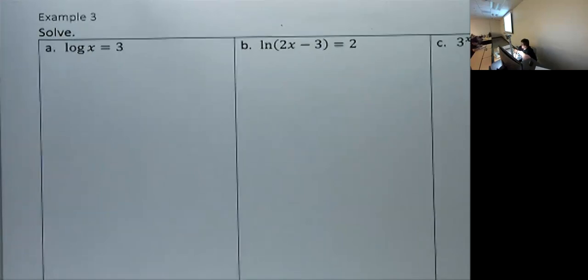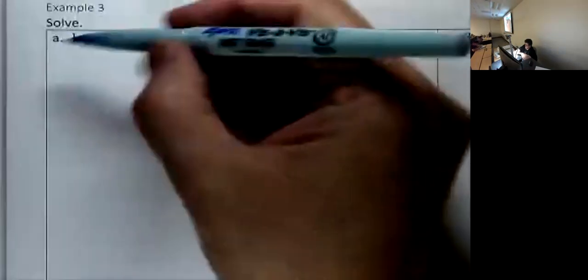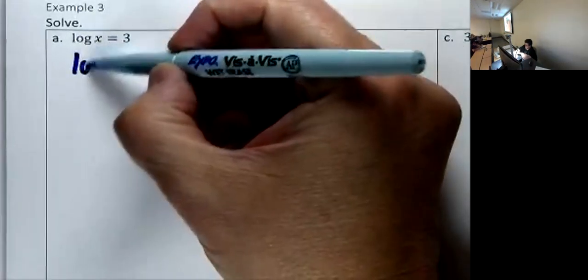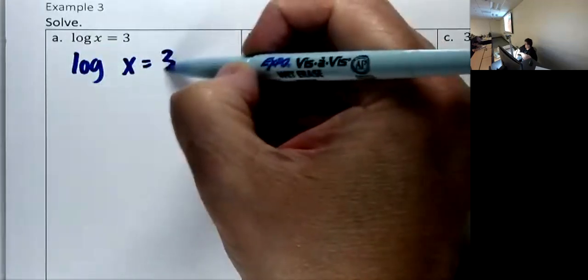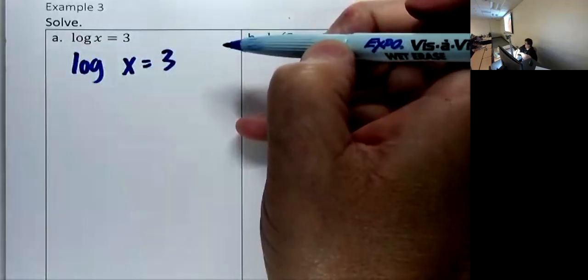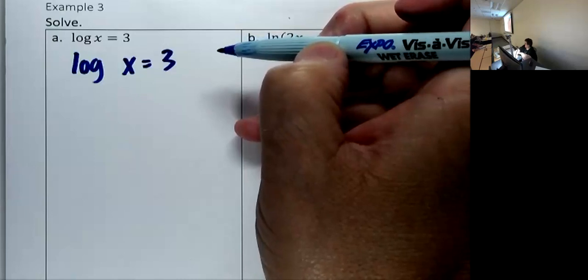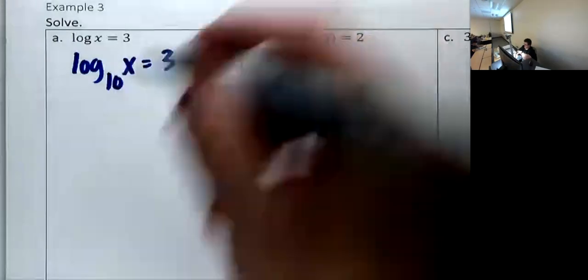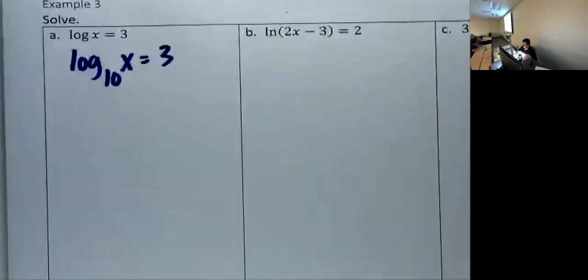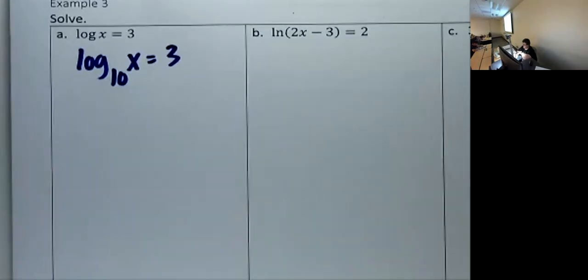So these problems are a way of refreshing your memory about some of this as well. If we don't see a base, what does a missing base tell us about the base? Anyone remember? So no base equals a base of 10.